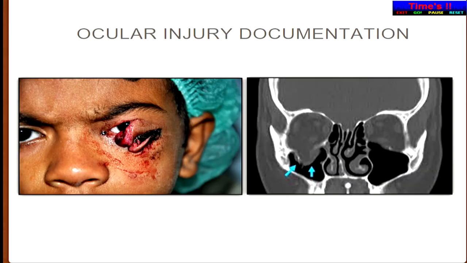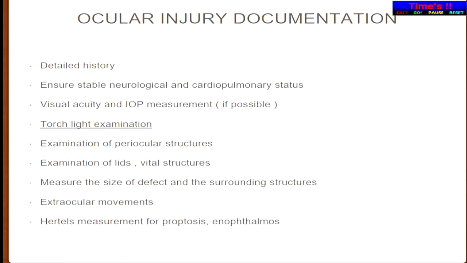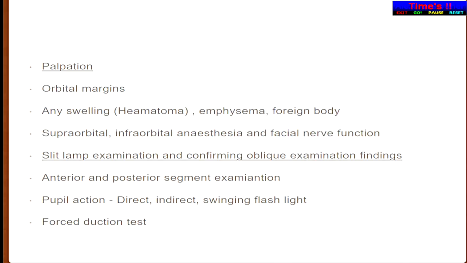And for lid injury, again, this is very important, especially for medico-legal purposes. So you take a detailed history and always rule out any neurological or cardiopulmonary problems, examine periocular structures, lid, and also extraocular movements. And always palpate the orbital margins and any swelling and look for any foreign bodies.